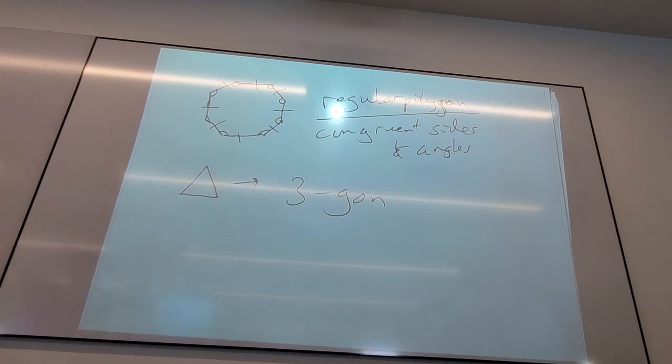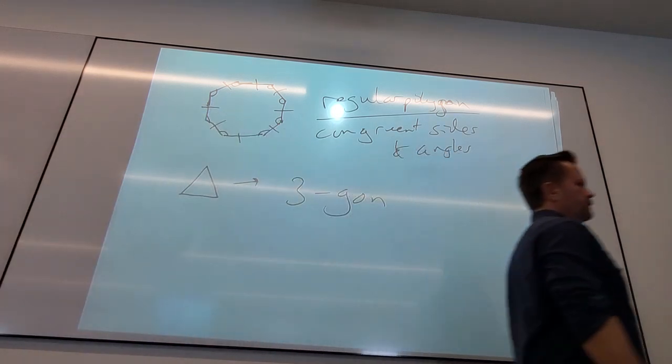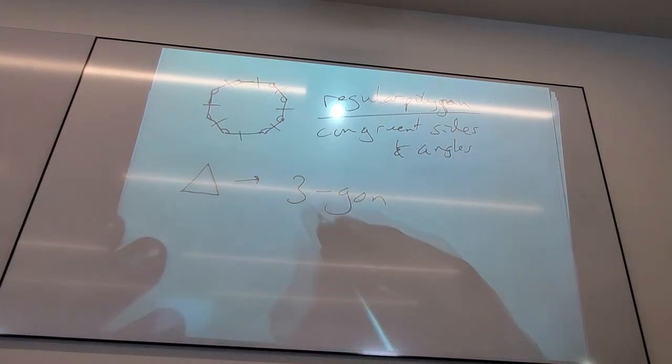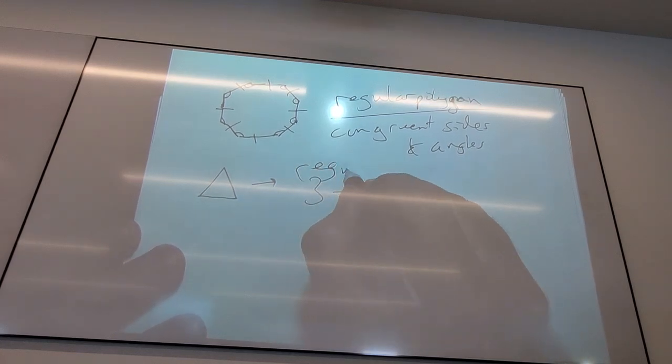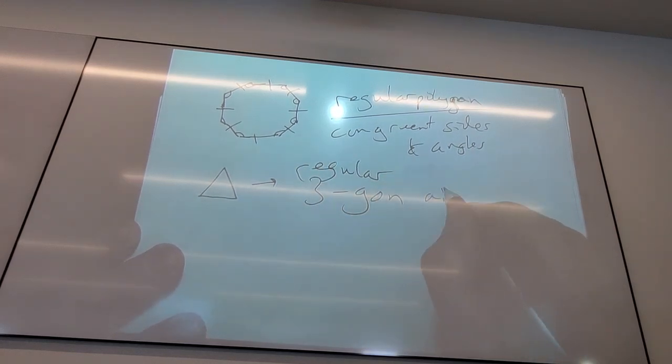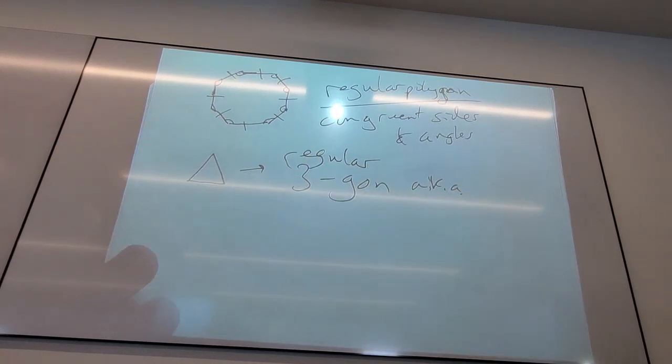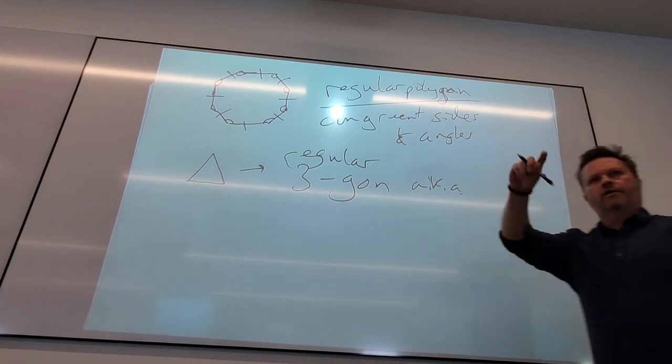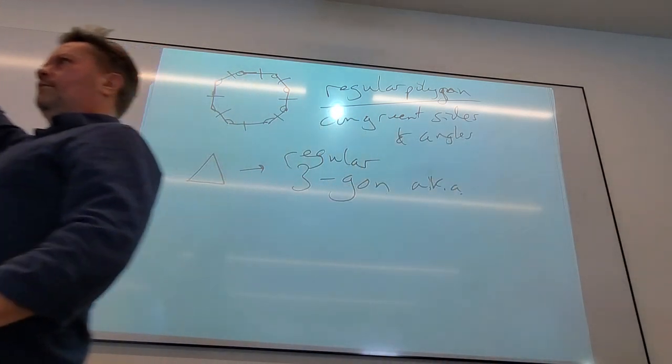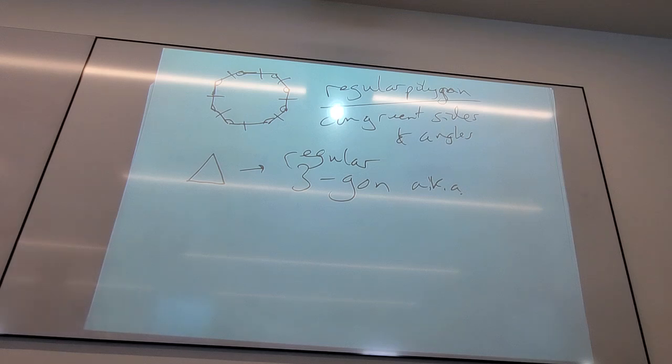That's my attempt at a regular three-gon, which has what very specific name? If it's a regular three-gon, what's the very specific name? Regular three-gon. Regular means all the sides and the angles are the same. So what kind of triangle?